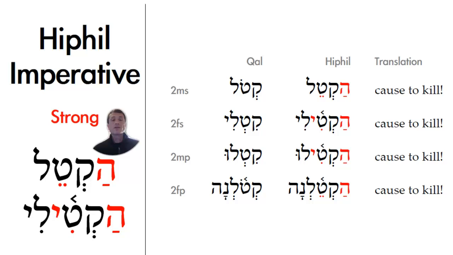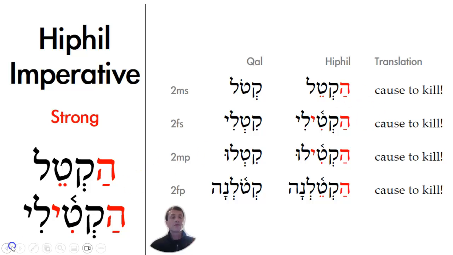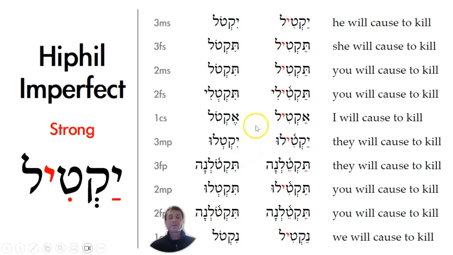All right, as we go to the imperative, just like with every form so far, the way you form the imperative is you chop off the prefix of the imperfect. And then that is essentially the form of the imperative. And that's true with the Hifil as well, except the difference is, remember how I said that he prefix was hiding under the signal letter of the imperfect? If we go back to the imperfect form, you can look at a second person imperfect, like a 2ms.